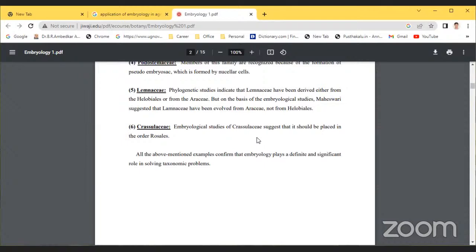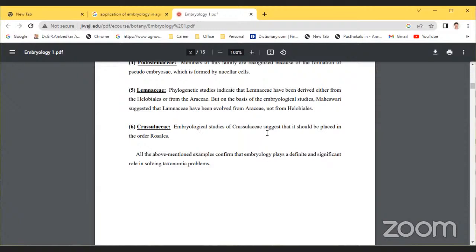Lemnaceae. The phylogenetic studies indicate that Lemnaceae have been derived either from the helobial or from the Araceae. But on the basis of the embryological studies, Maheshwari suggested that Lemnaceae have been evolved from the Araceae, not from the helobials. So, Crassulaceae.